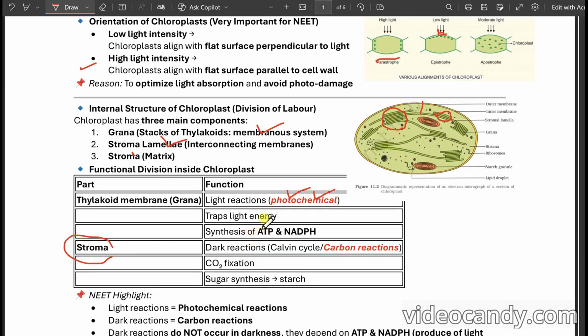Only it requires the outputs of light reactions to happen dark reaction.